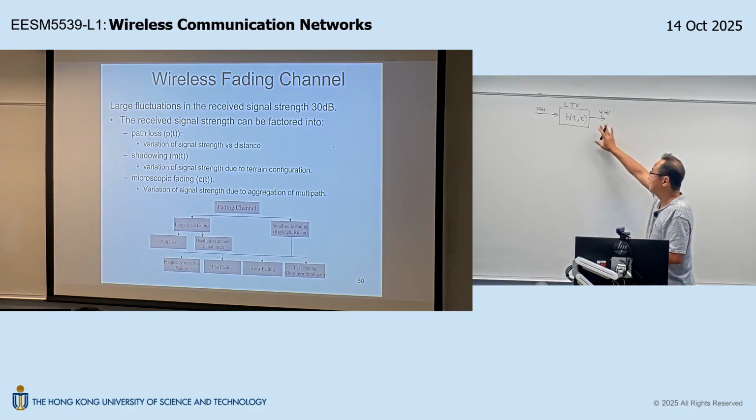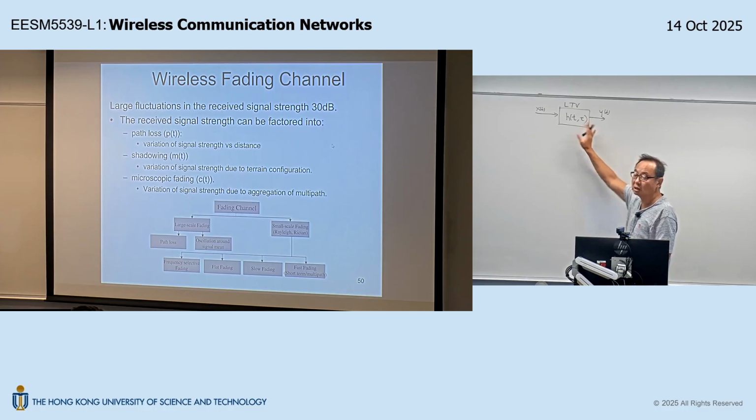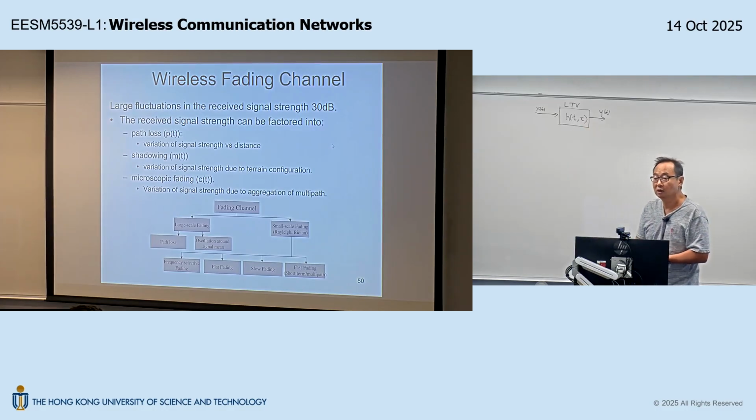But now the fading channel is a linear time varying system, so to completely specify its behavior, we need to know the two-dimensional impulse response. As we talked about last time, getting this two-dimensional impulse response is usually pretty difficult.